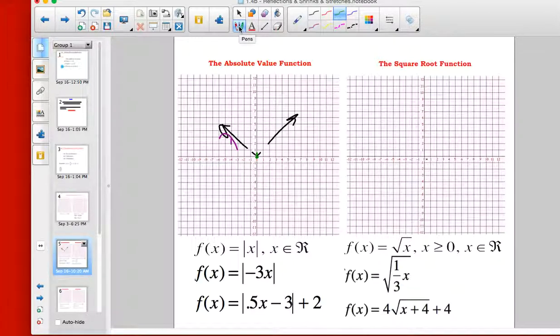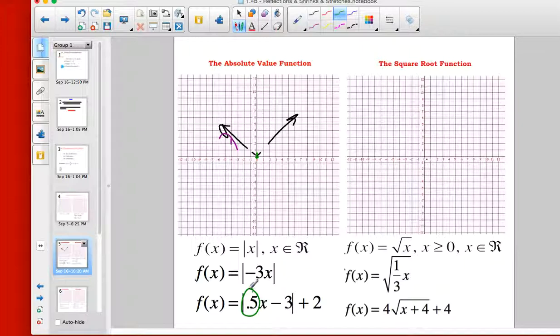We don't have to do the whole chart, but you'd start with the same 5 points, -2, -1, 0, 1, and 2. And then what you would do first is this horizontal change. This one would actually be a stretch. It's between 0 and 1, so you're actually stretching it. So it's a horizontal stretch by a factor of 2, because it's always 1 divided by, in this case, 1/2, which would be the same thing as 2.